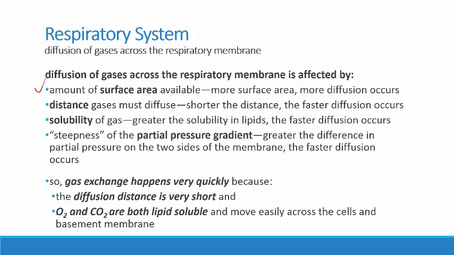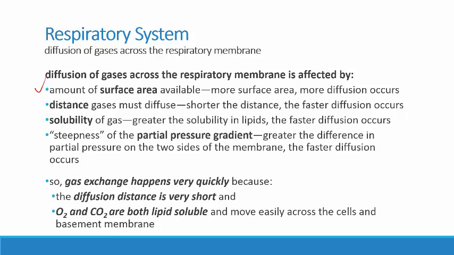I apologize. And then last of all, what can influence the speed with which diffusion occurs is how different the concentrations of the gases are on either side of the membrane that they're diffusing across. The greater the difference, the more rapidly the diffusion will occur.